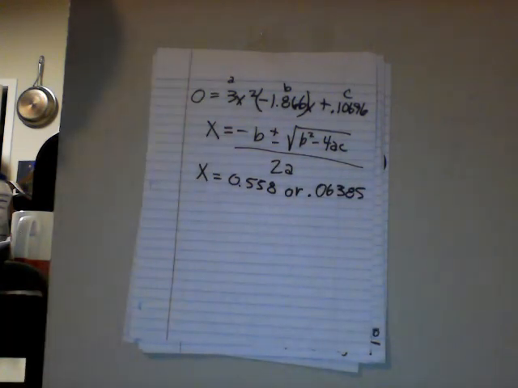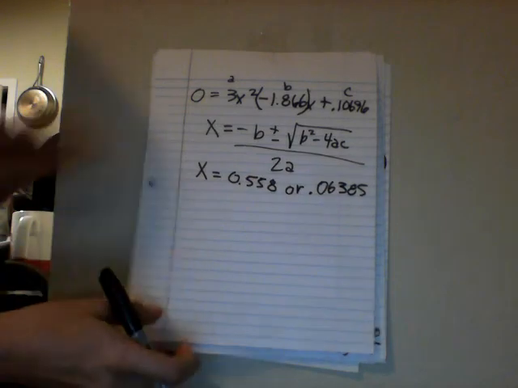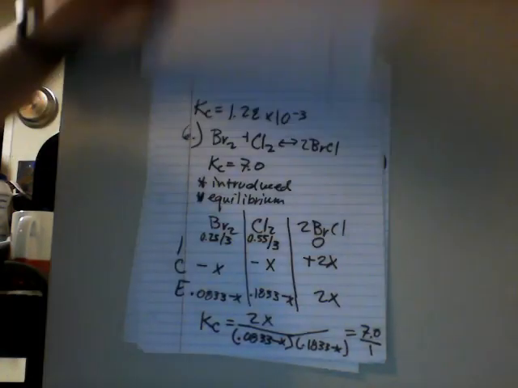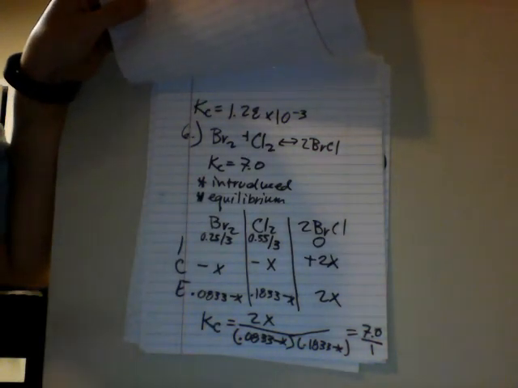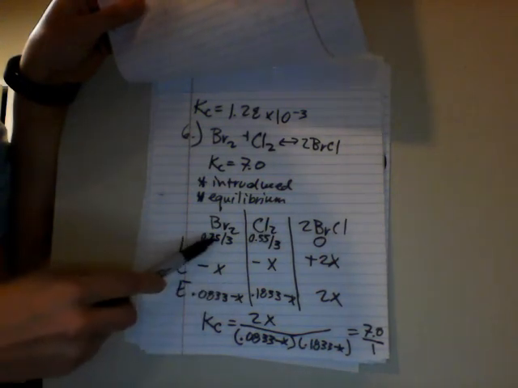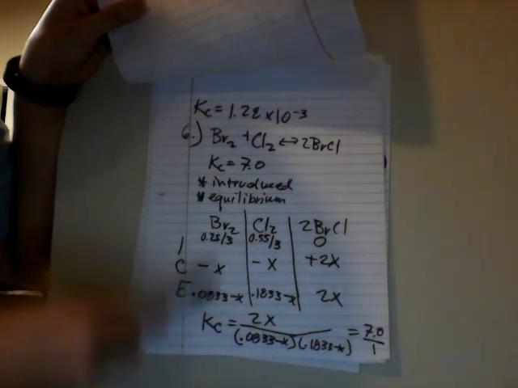How do I know which value to use for x? Well, if we look at my ICE chart, yeah, here's the ICE chart. I need to have an initial value. This was 0.25 divided by 3. This was my initial value that was up here, right?